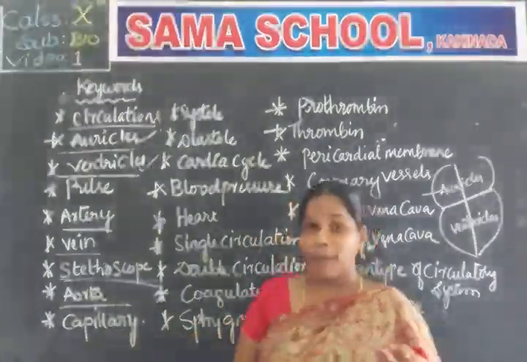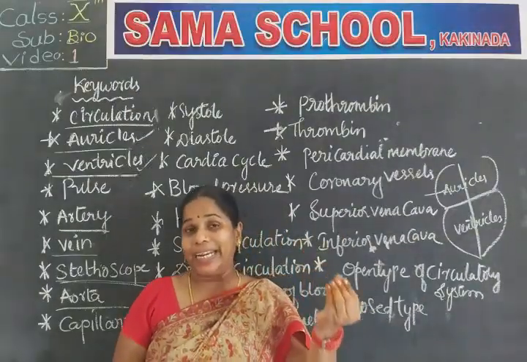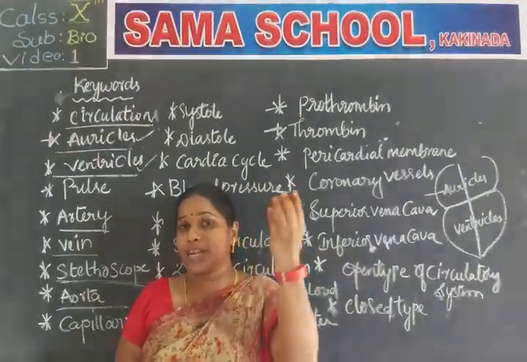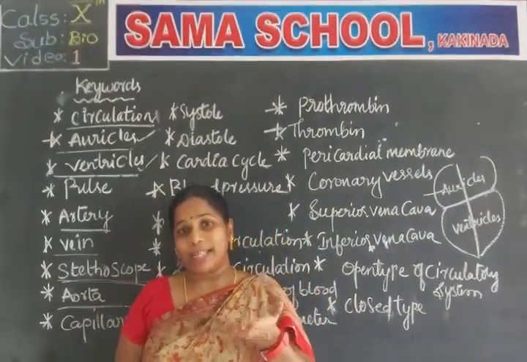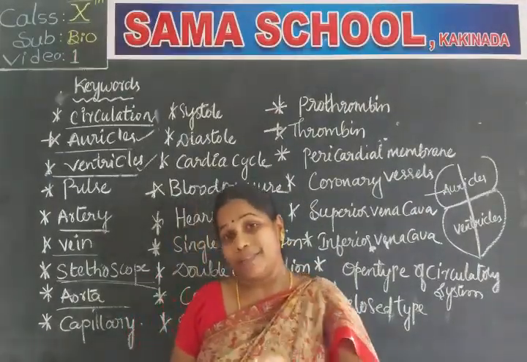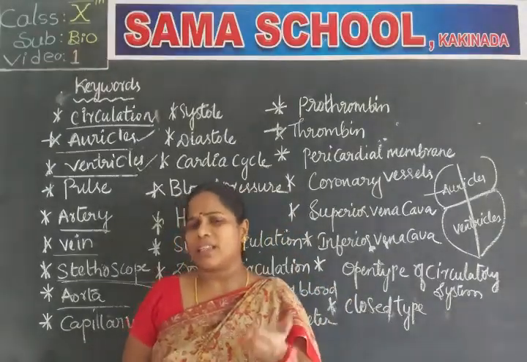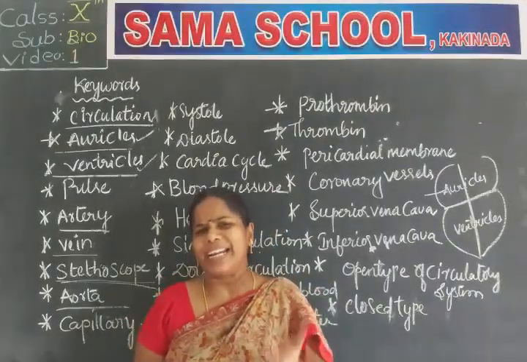Okay, next is capillaries. Now here you should keep in your mind one thing: the aorta divides into arteries, arteries divide into arterioles, and arterioles divide into capillaries. Capillaries are hair-like structures, where the blood vessels are finely divided.